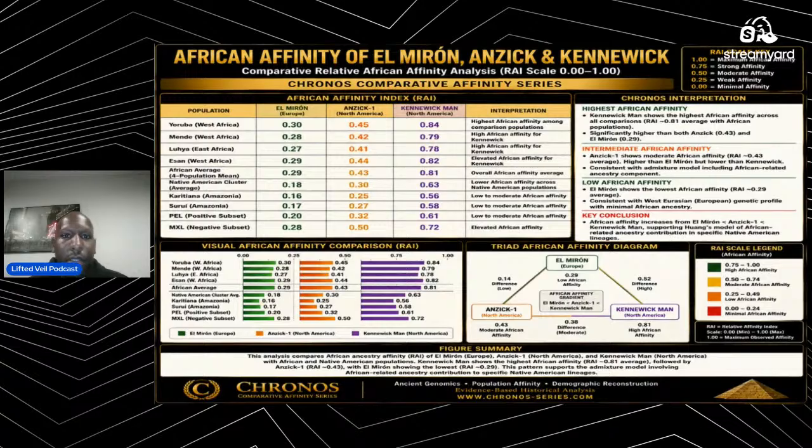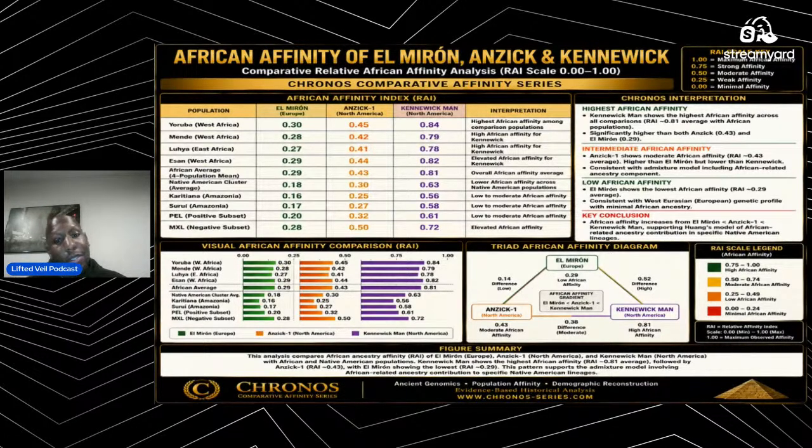African affinity of Elmoran, ANZIC, and Kennewick man. All right, so Kennewick had the most African affinity. Seems like ANZIC had the second most, which is also very interesting, and I'm going to explain that as I move forward.